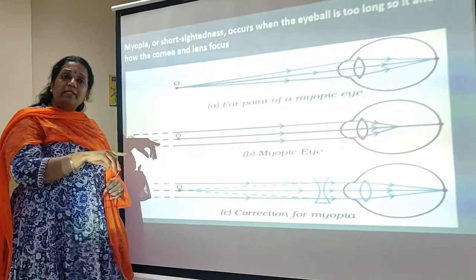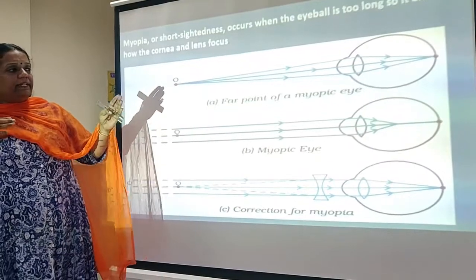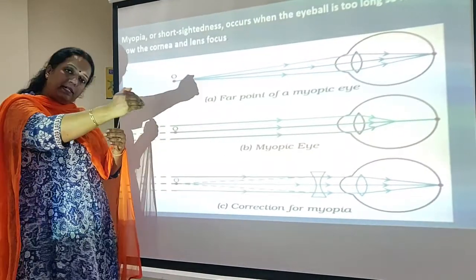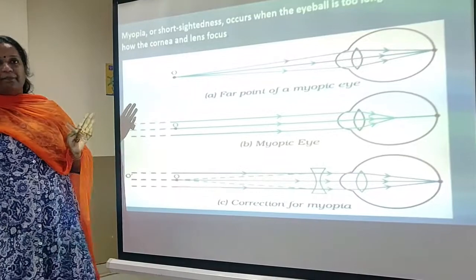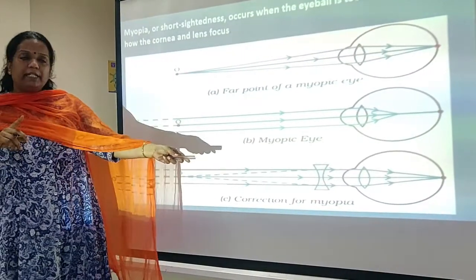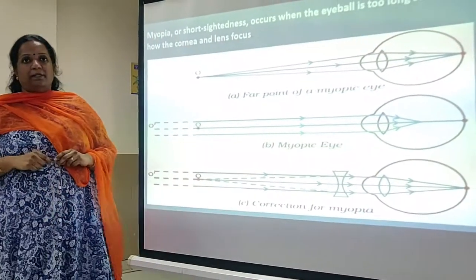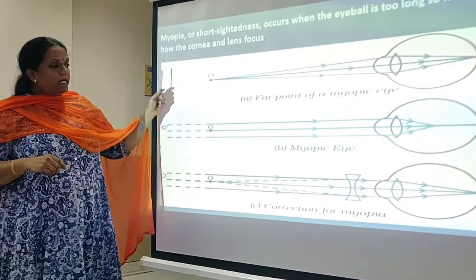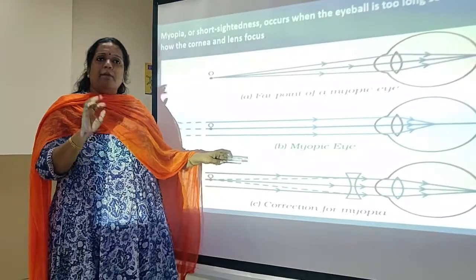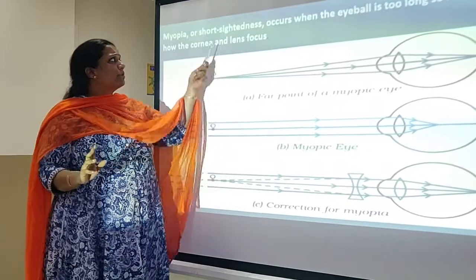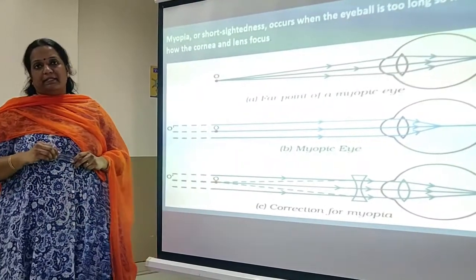Why a concave lens? Because I needed the light rays to travel a little further and then meet each other. And that happens only with a diverging lens, which is a concave lens. Okay? So this is myopia and its correction. Myopia in layman terms is also called short-sightedness, right?